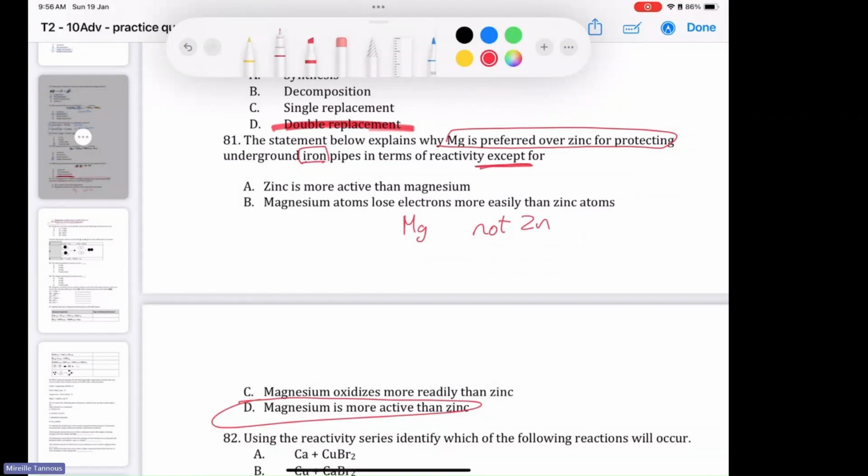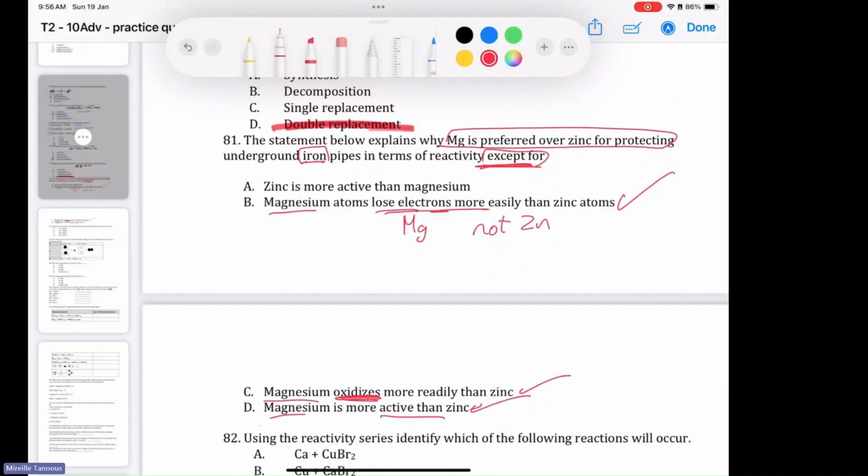Ah, except. Okay. Yeah. You guys are right. I didn't read the whole sentence actually. I just looked at D. So except. So magnesium loses electrons means it reacts more easily than zinc. That's a reason. Second, magnesium oxidizes, which means the same thing. And magnesium is more active.